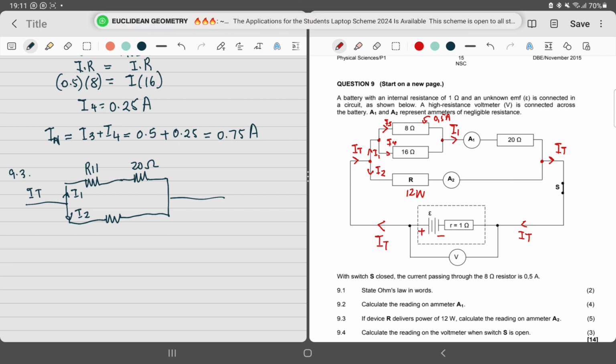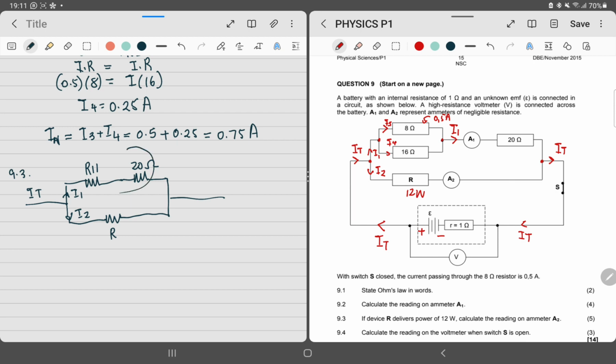So this is R, and the power is 12 watts. We can see that the whole of this is connected in parallel with that. For resistors that are connected in parallel, they should have the same potential difference, but different currents.